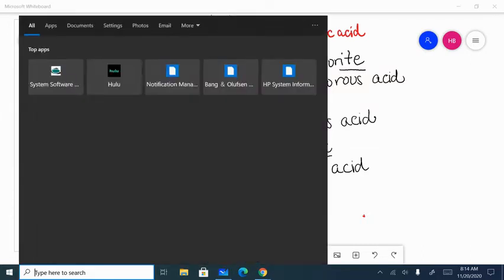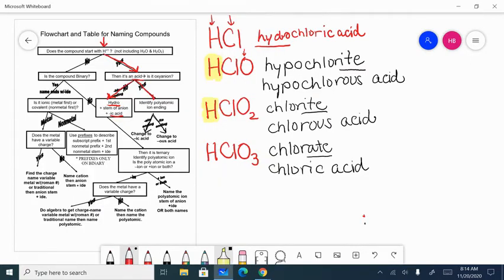Let's just do the last in this series, which is HClO4. So that's one more than chlorate, so that is perchlorate.